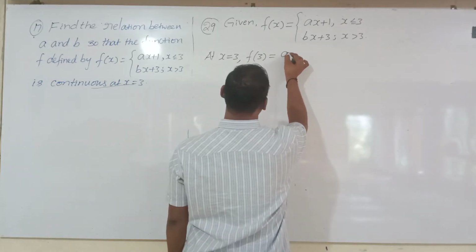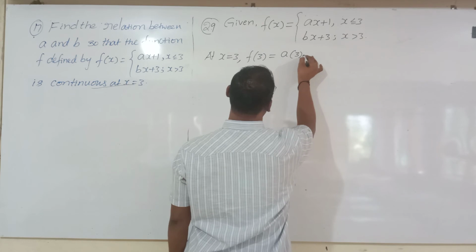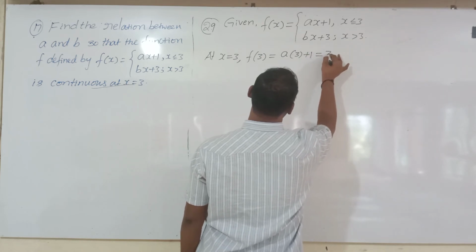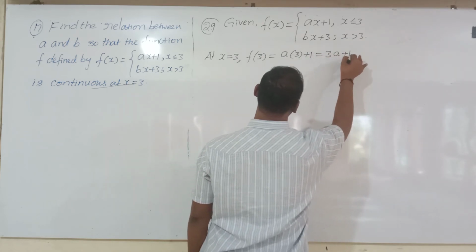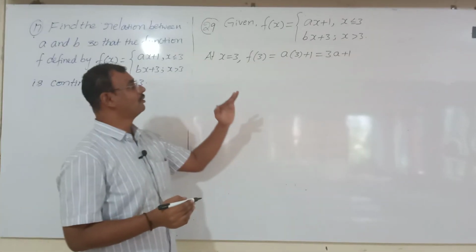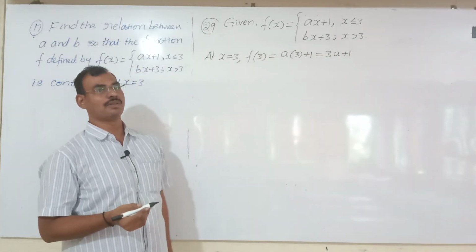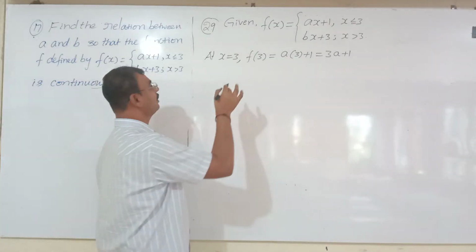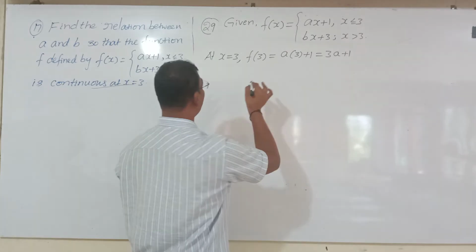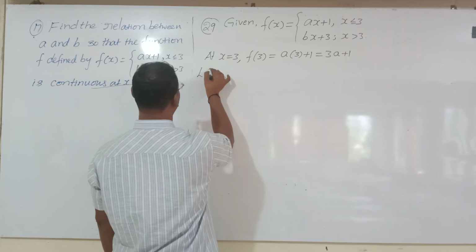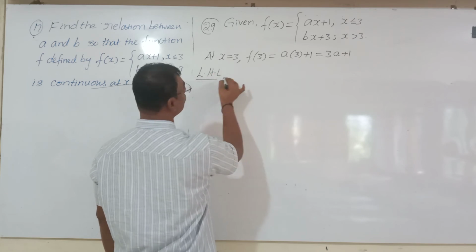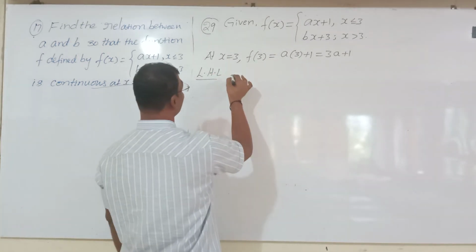So that is a into 3 plus 1, which equals 3a plus 1. The function is breaking at x equal to 3, so we necessarily have to find the left hand limit as well as the right hand limit. That is mandatory in this problem.